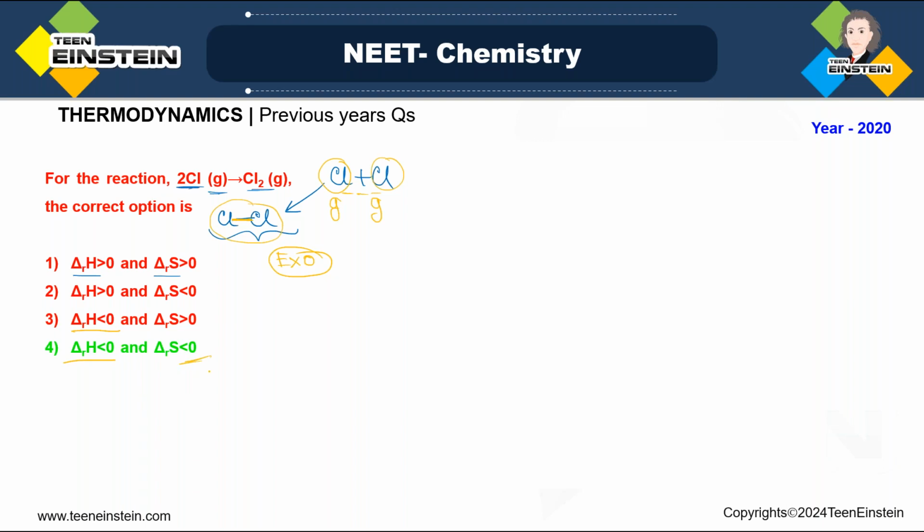The actual logic behind it is that you started with 2 individual atoms, but now you are getting only a single molecule, and all are gaseous. So if you consider the number of moles of gas, it goes from 2 to 1. So here del Ng value is negative, and when del Ng is negative, entropy is negative. So both are negative, and that will be the correct option.